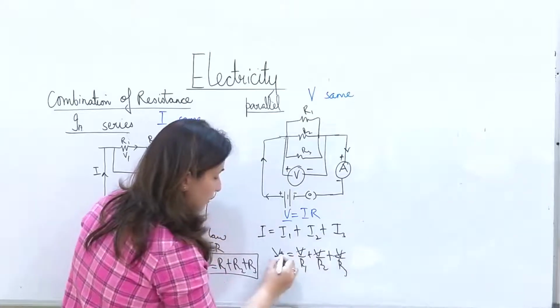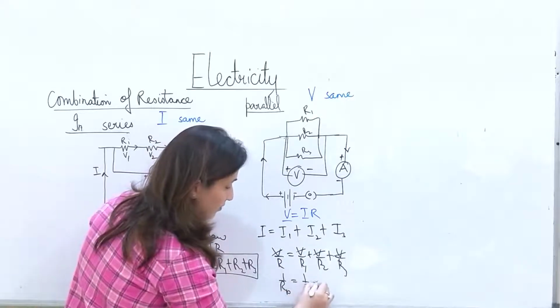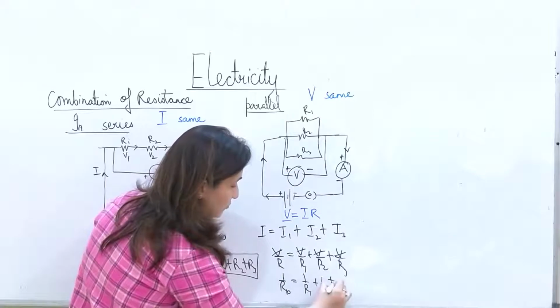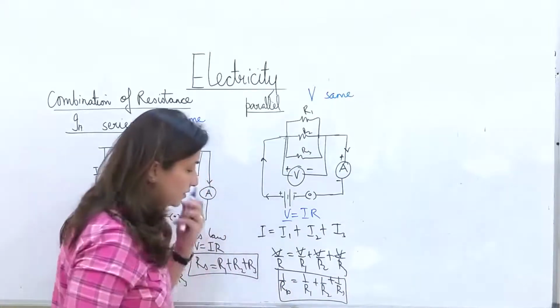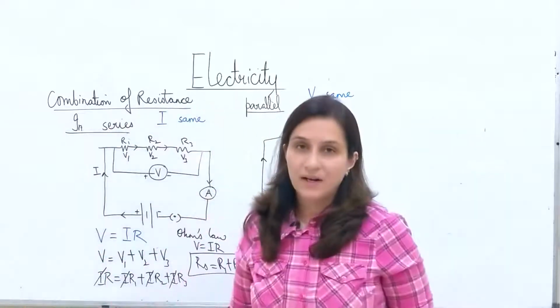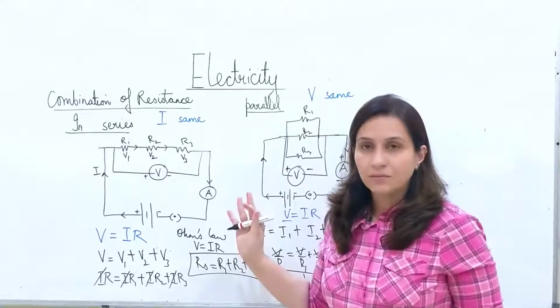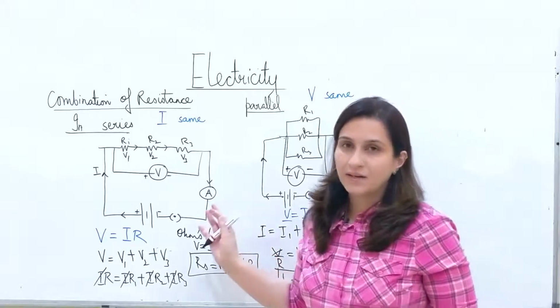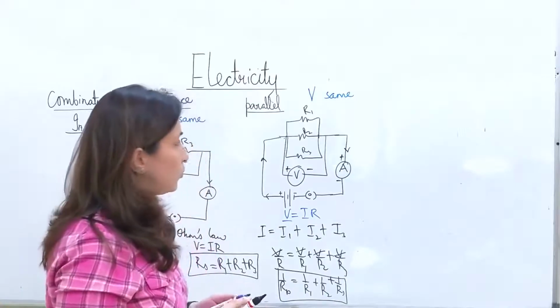We have V common, so I am left with only 1 upon Rp equals 1 upon R1 plus 1 upon R2 plus 1 upon R3. This is the equivalent resistance for parallel connection. I hope these two things are clear to everyone. Please try to remember these things, as these two topics are very important from your board point of view.